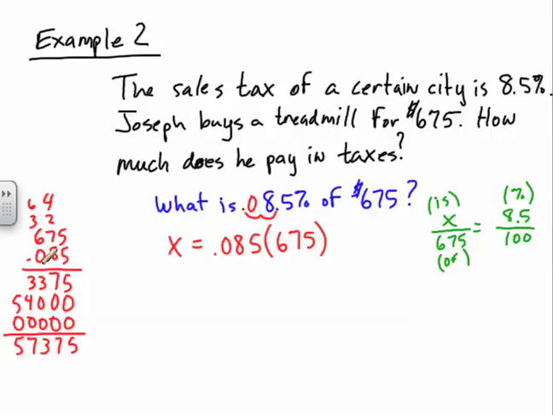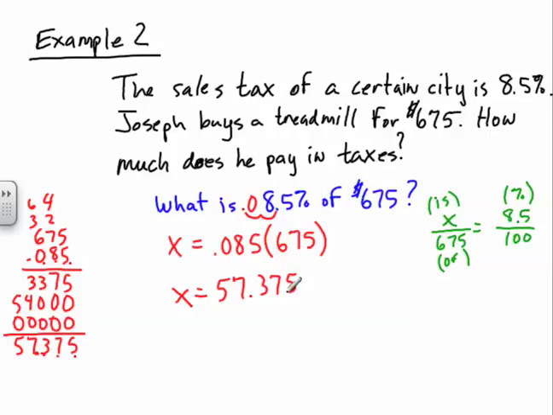And you can see that in my problem I had 3 numbers behind a decimal point, so that means I need 3 numbers behind the decimal point here. And I'm going to get that x is equal to 57.375. Okay, so 57.375 is 8.5% of $675.